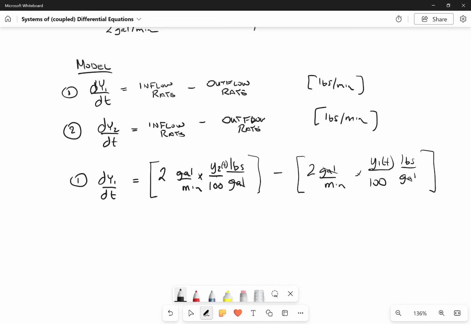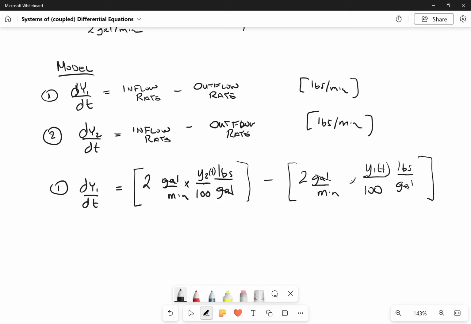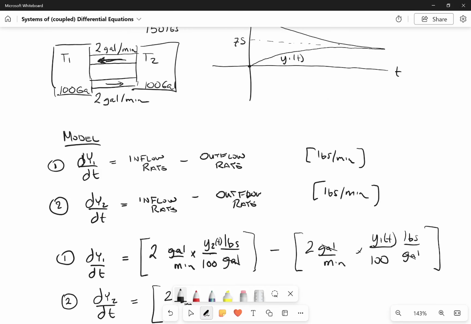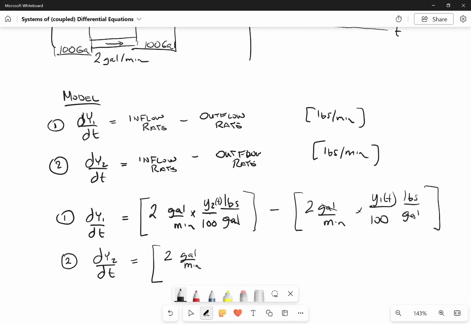Okay, let's take a look. The same thing can be done for equation number 2. So dy2 by dt, it's exactly the same setup. We've got 2 gallons per minute coming into tank 2. And what is the amount?